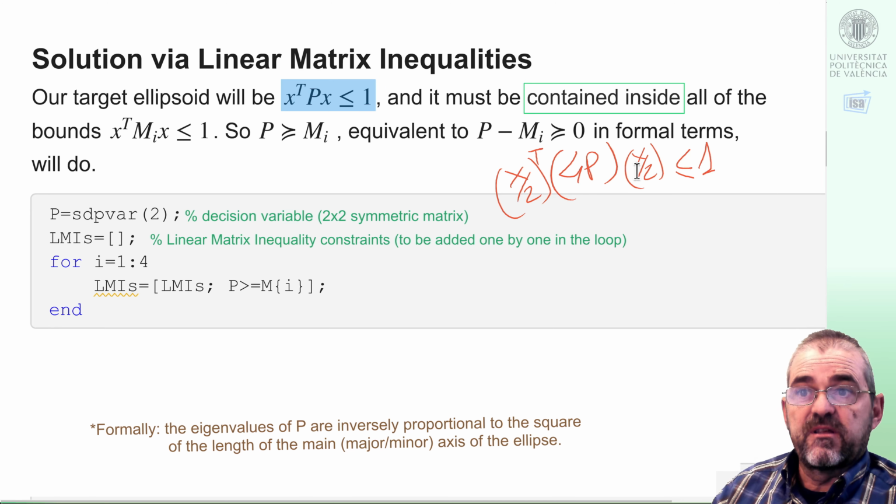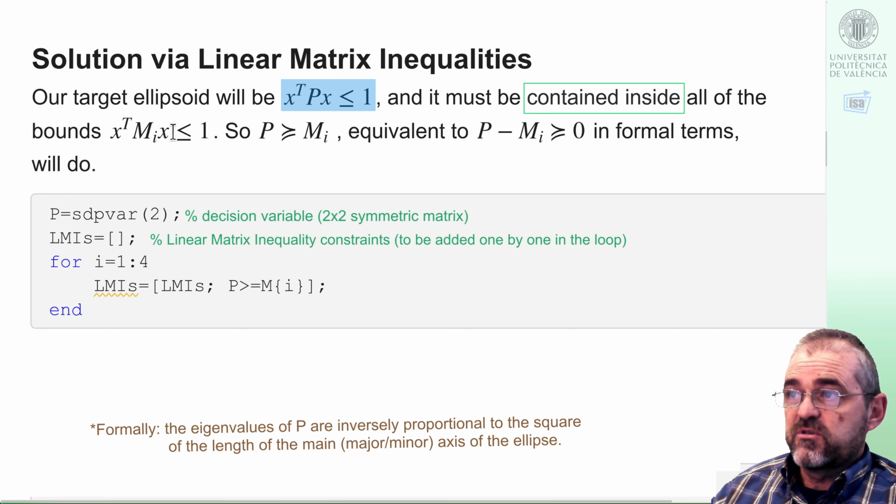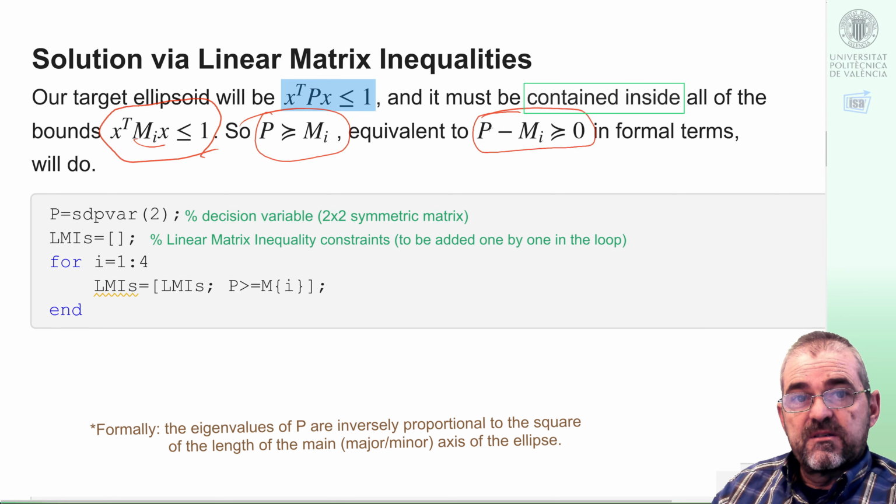But once we realize that, if we wish this ellipsoid to be inside these bounds, it means that matrix P must be larger than matrices M1 to M4, formally understood as the fact that P minus each of the M's must be a positive definite matrix.